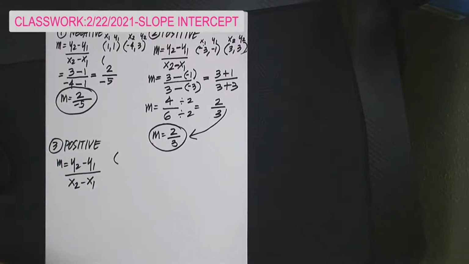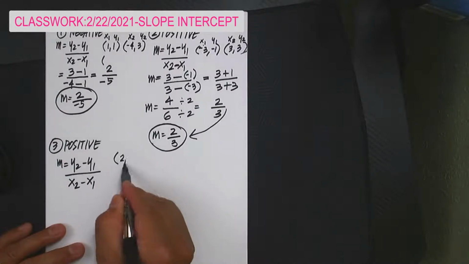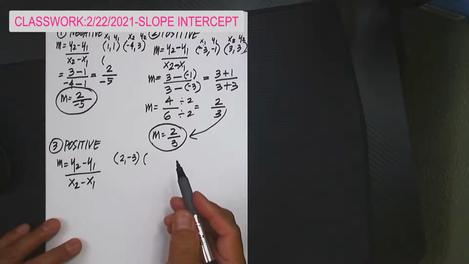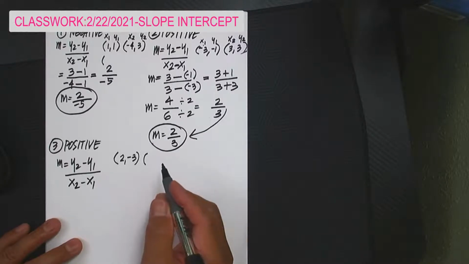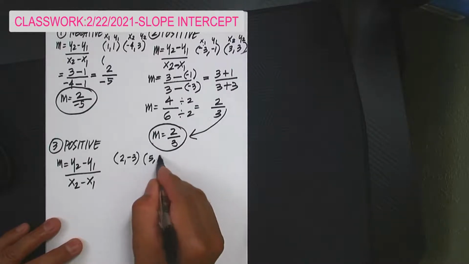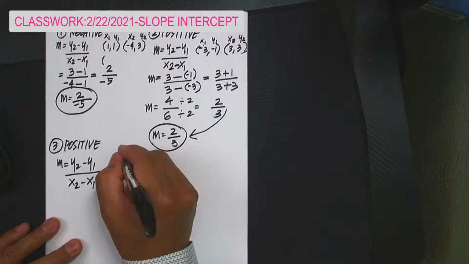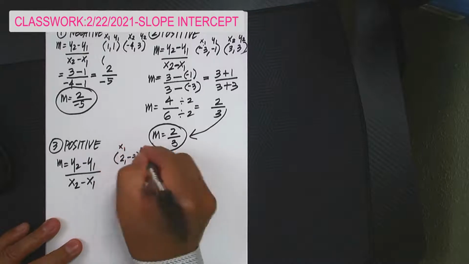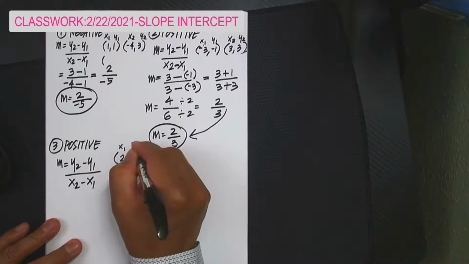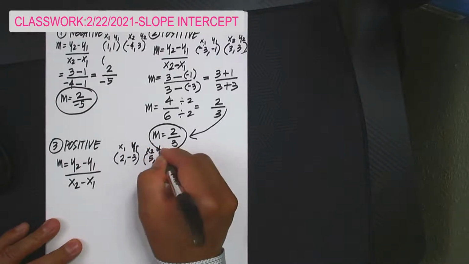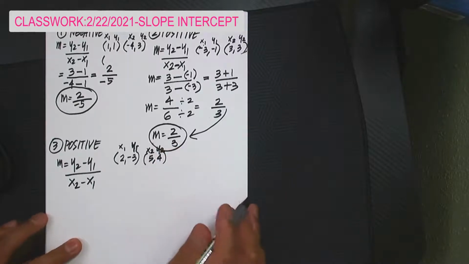Okay, 2 and negative 3. Thank you. How about the second coordinate? Second, 5 and 4. Now, once you get those coordinates, you have to start writing the names. This is my x1, this is my y1. This is my x2, this is my y2. So do you understand now?